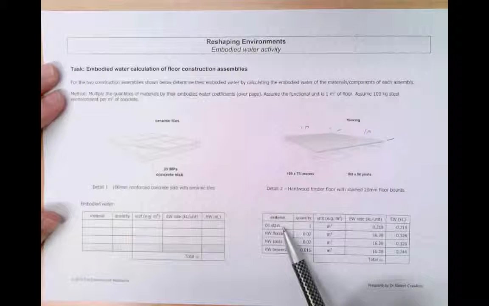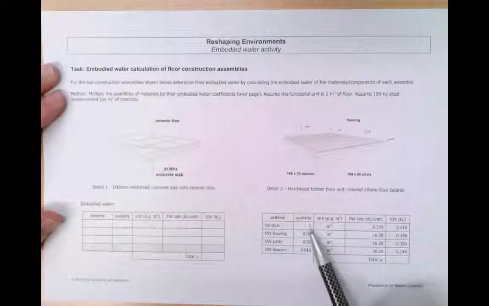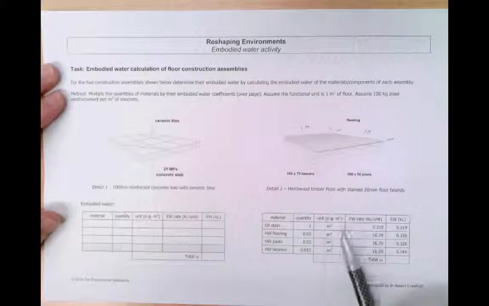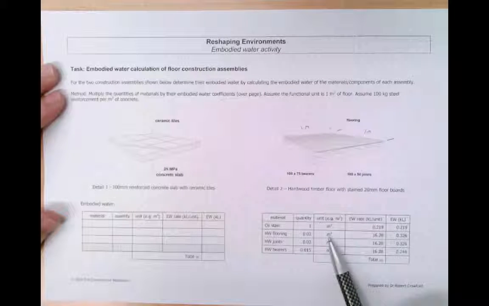Similarly, carpet would be quoted in square metres of carpet, and using that for the calculation. For the oil stain, the quantity is 1 and the unit is square metres. For the hardwood flooring, we have a quantity of 0.02 and the unit of cubic metres.